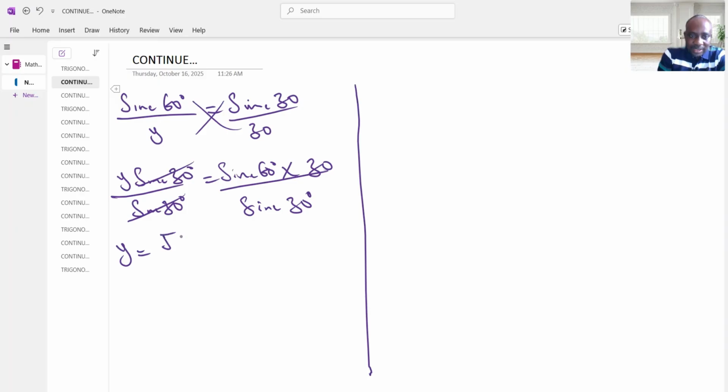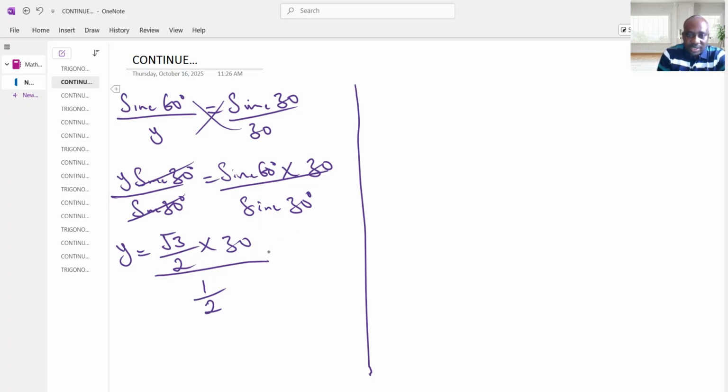Our sine 60 is square root of 3 divided by 2, multiplied by 30 divided by sine 30. Sine 30 is 0.5, and we are going to convert the 0.5 into a fraction. 0.5 is equivalent to 1 divided by 2. It's the same thing, what they call half, because when you press the calculator, 1 divided by 2 gives you 0.5.